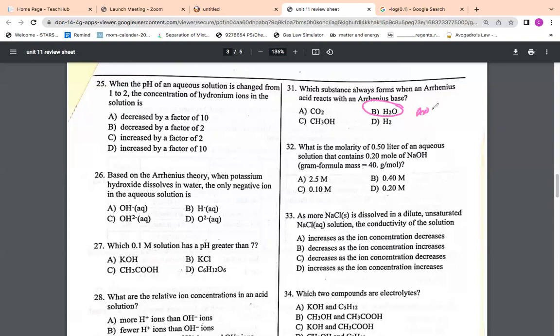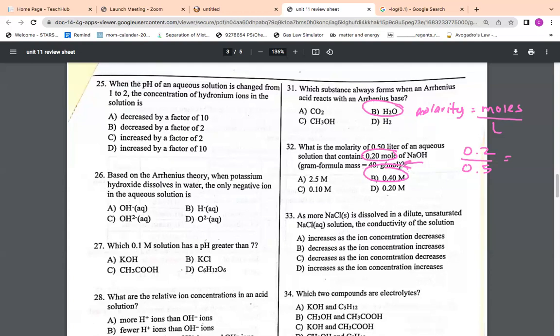Again, molarity, this is on the back of table T, equals moles of your solute in how many liters of solution. So we have 0.2 moles dissolved in 0.5 liters. When we do this, we should get 0.4 molar. And they give you the gram formula mass, but you don't need it in this case. If they had given you this information in grams, then yes, you would have needed this, but in this case, we don't.